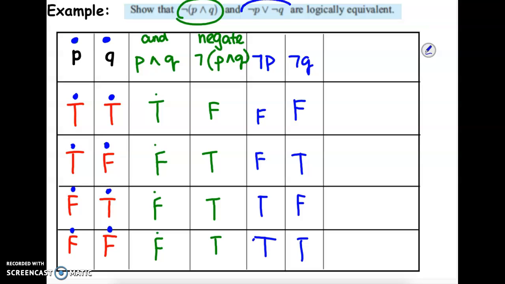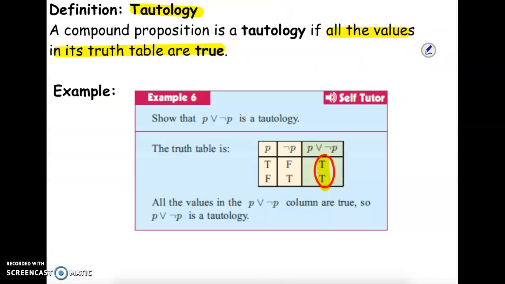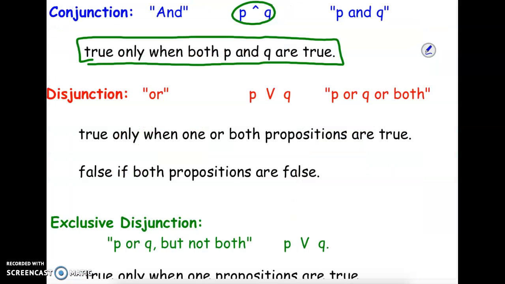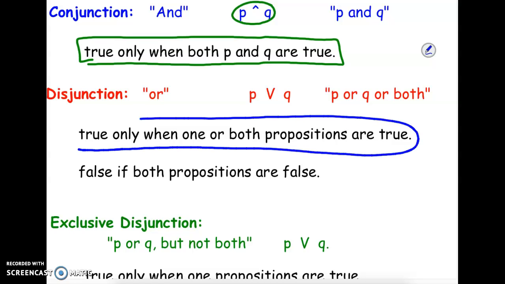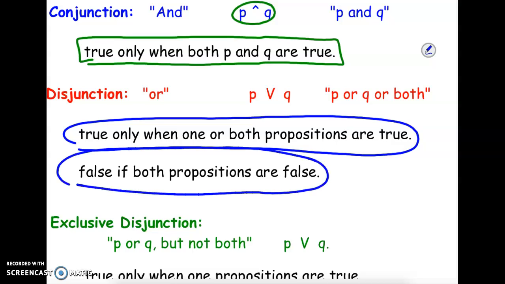Now it's saying not P or not Q. Remember that symbol there is the word or. It is a disjunction. Not P or not Q. So we go back to disjunction, right here. True only when one or both are true. False if both are false.